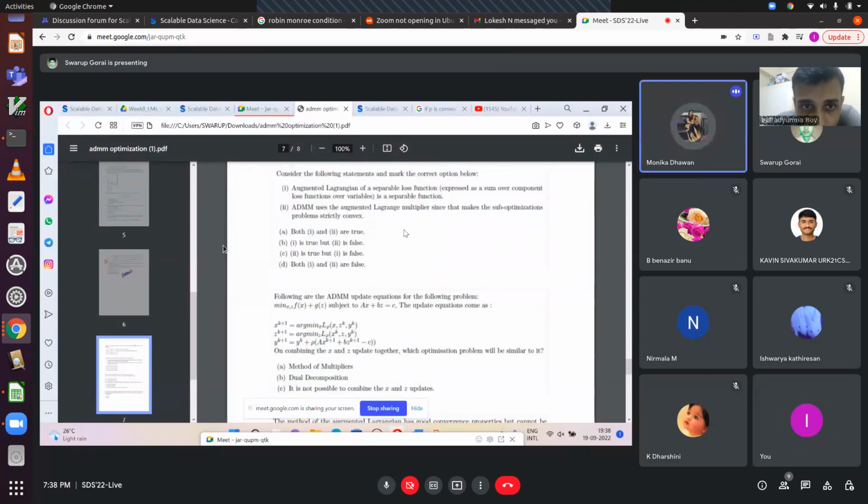It is true, right? We saw that in the slide. It uses the sub-optimization to address that problem where you had the possibility of multiple solutions, and you want it to be strictly convex. So you use the Rho multiplier, that part.